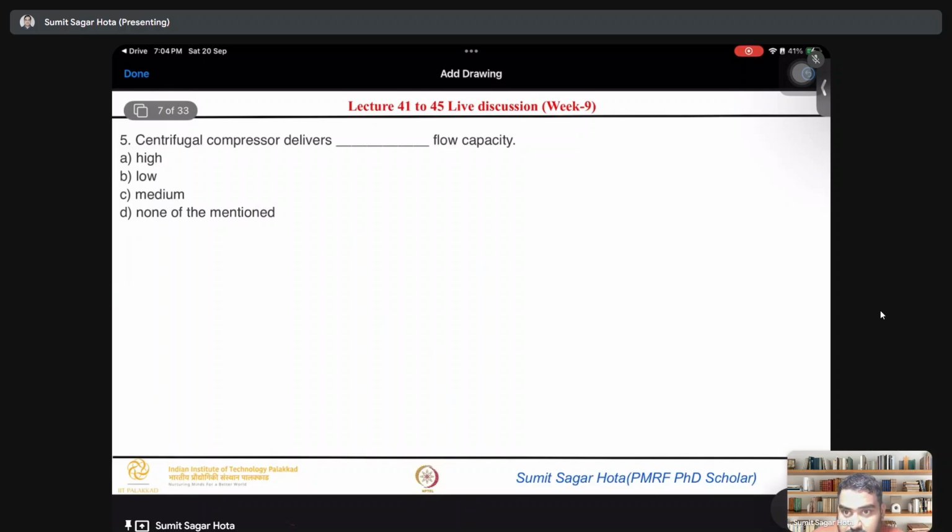The centrifugal compressor delivers dash flow capacity. The centrifugal compressor delivers low flow capacity.